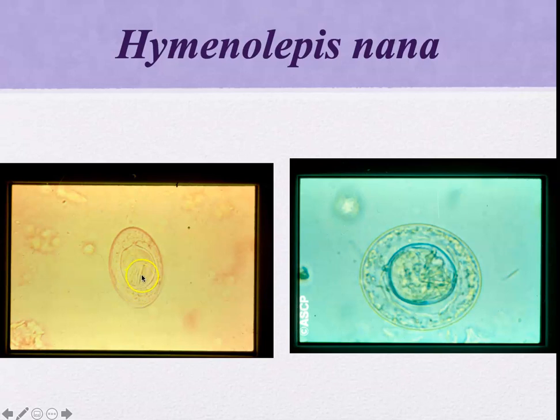Remember we talked about hooks for the Taenias as well. I know it's hard to see size, so you'll want to refer to the scale of all the eggs in your note set. But Hymenolepis nana eggs are smaller than diminuta, and they also have polar filaments, whereas diminuta eggs are larger and they do not have polar filaments.